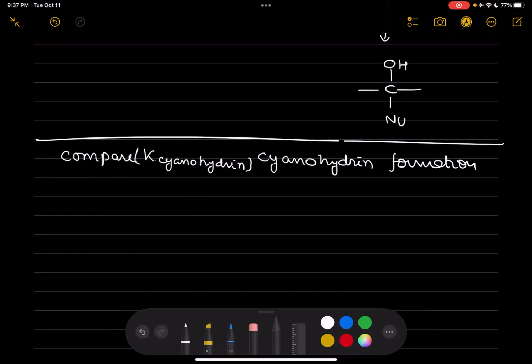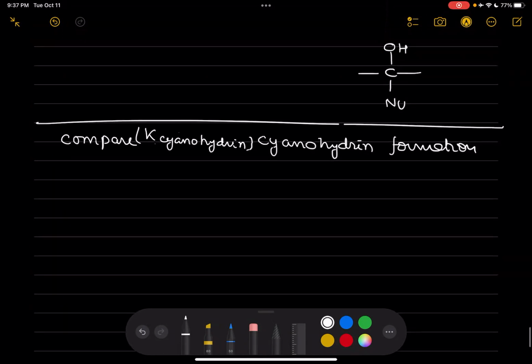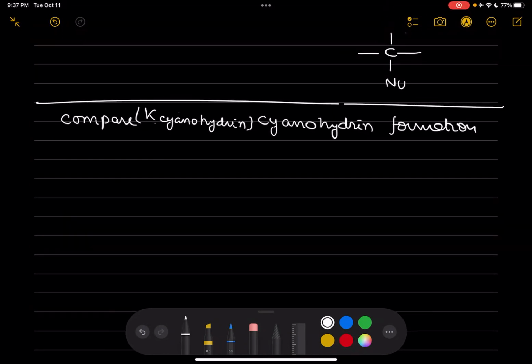So compare K cyanohydrin formation. Where are you going to get more yield, which reactant is going to undergo cyanohydrin formation most easily? Okay, that we need to compare.